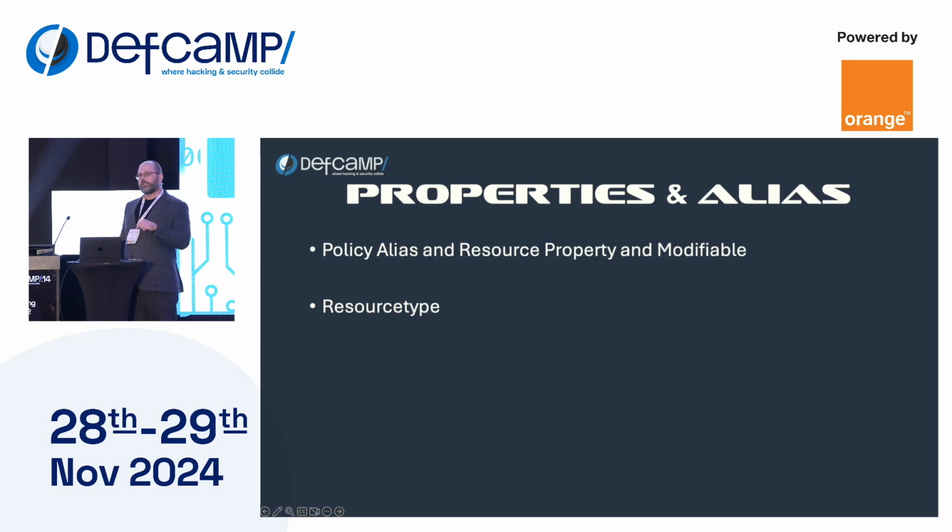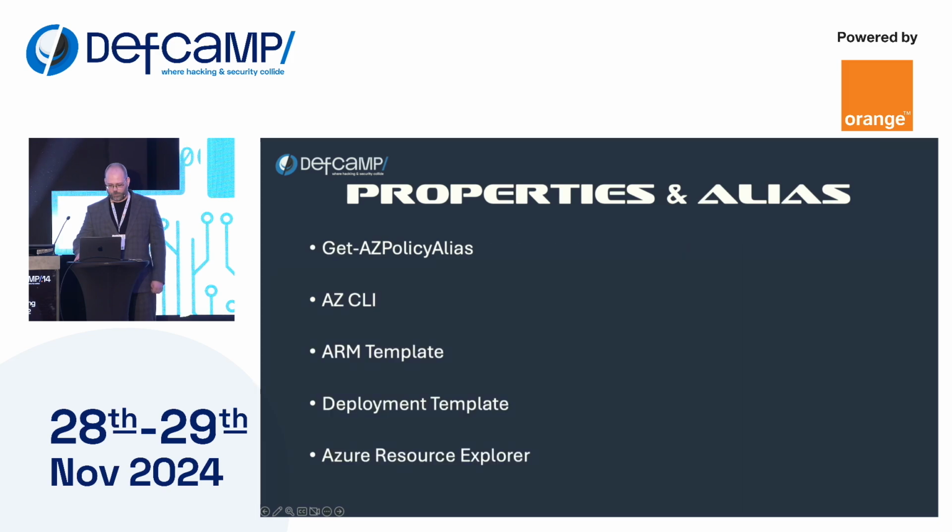In order to access these properties, you need to use and check the policy alias. And I will show you how you can do this. So here are some commands and tools that you can use to look for these properties and aliases, like the Azure CLI, the deployment template, or the Resource Explorer.